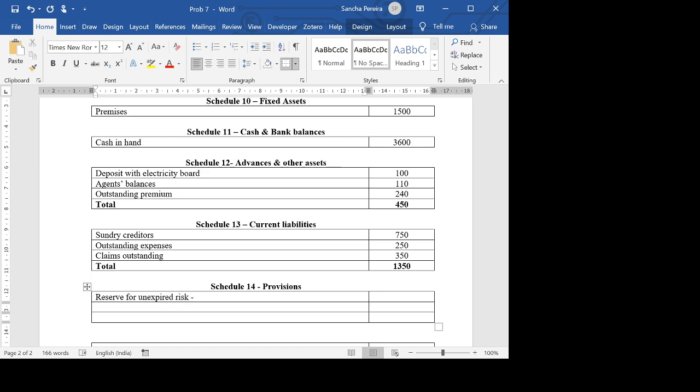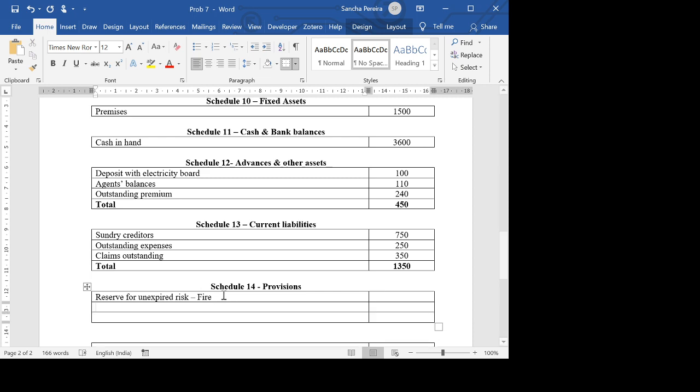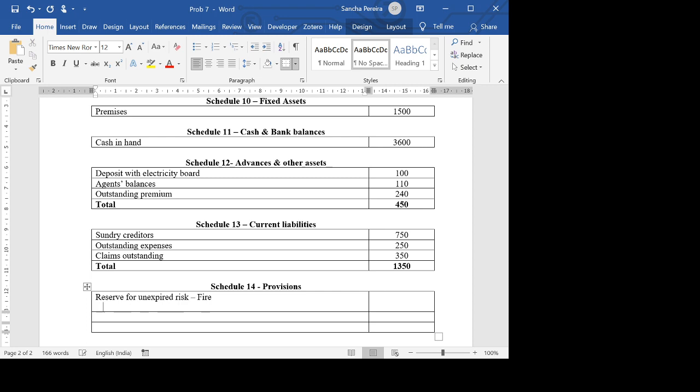Here they've given two types, fire and marine.